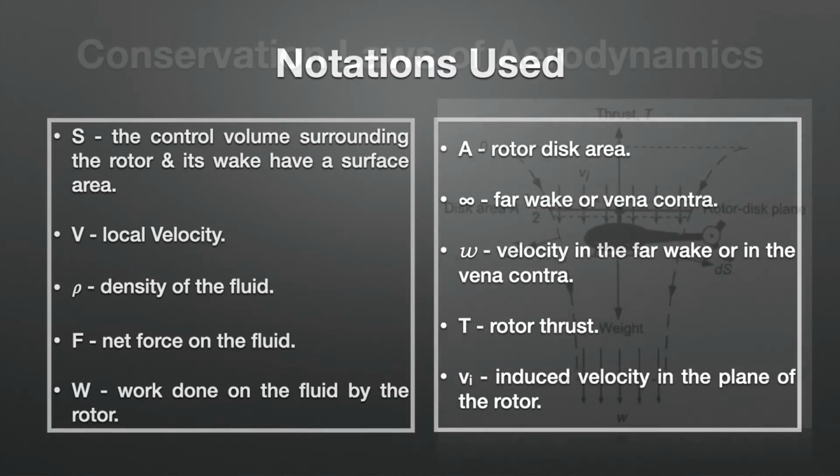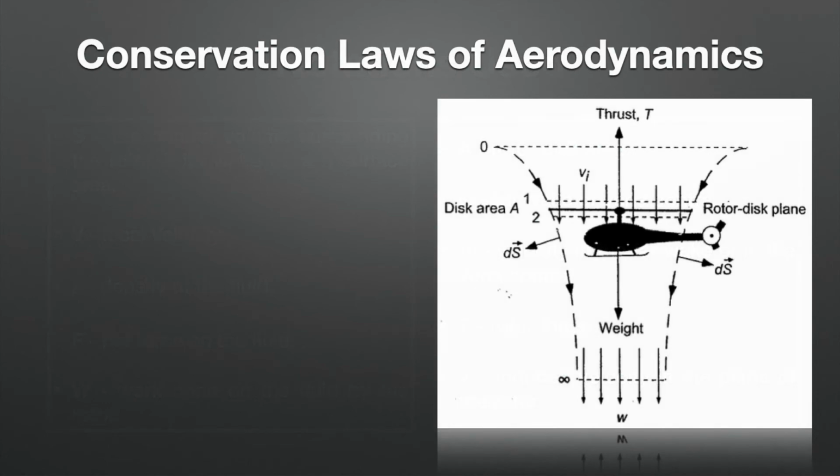Derivation. Conservation laws of aerodynamics. In the general approach to the problem of hovering, it will be assumed that the flow through the rotor is unidirectional, one dimensional, quasi steady, incompressible, and inviscid.